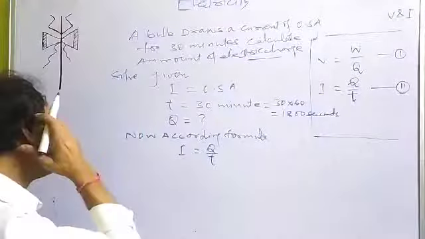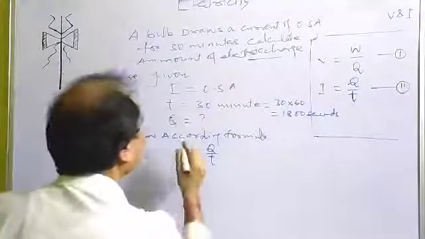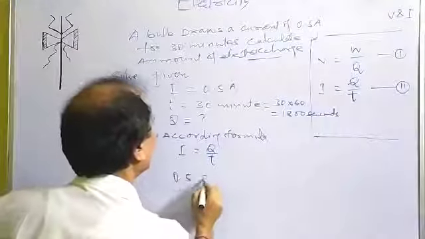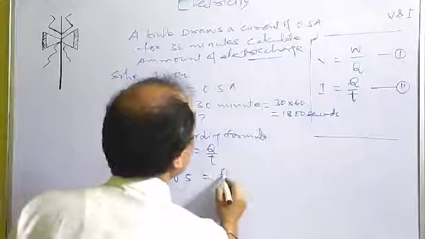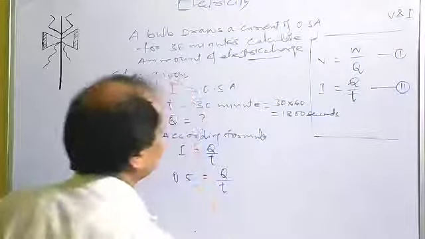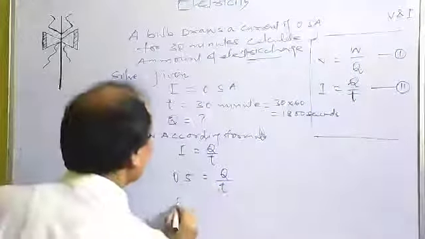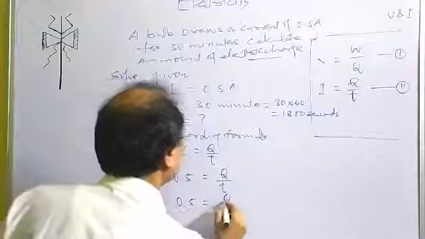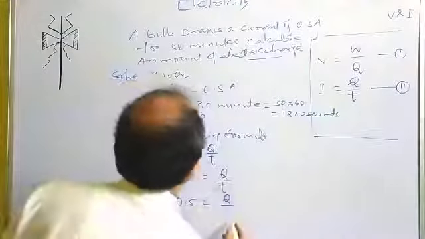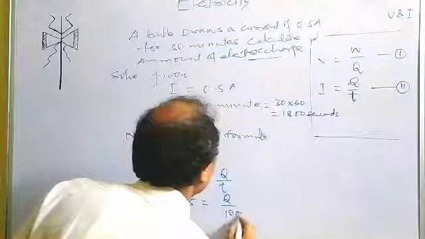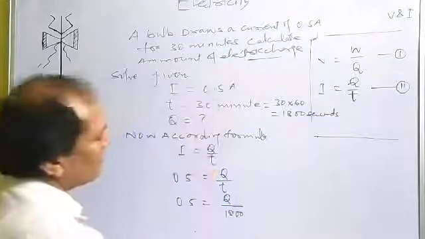So now I equal to Q by T. So I is equal to 0.5, equal to Q upon T, where T means 1800 seconds.